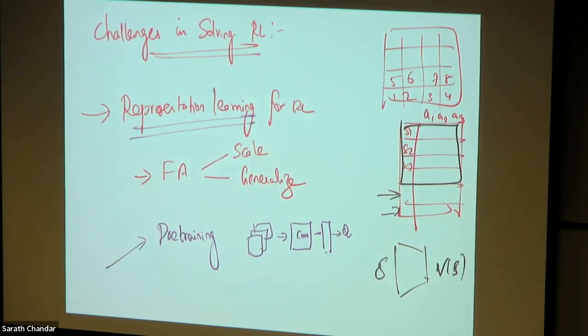Now one way to decompose this whole pipeline is that the CNN here is really trying to come up with a good representation. On top of this good representation, you have one linear function approximator, which is learning the policy, or in this case, the value function.